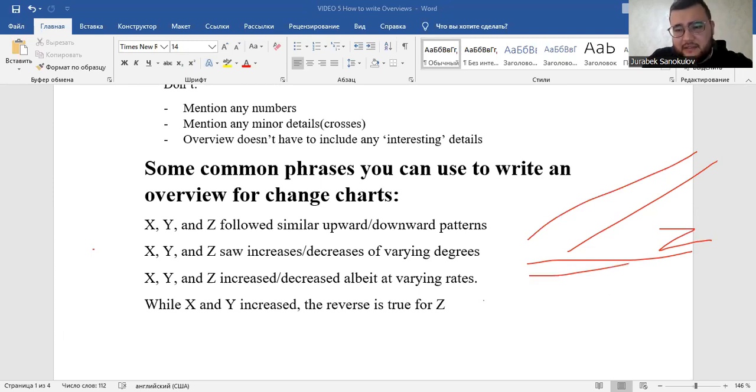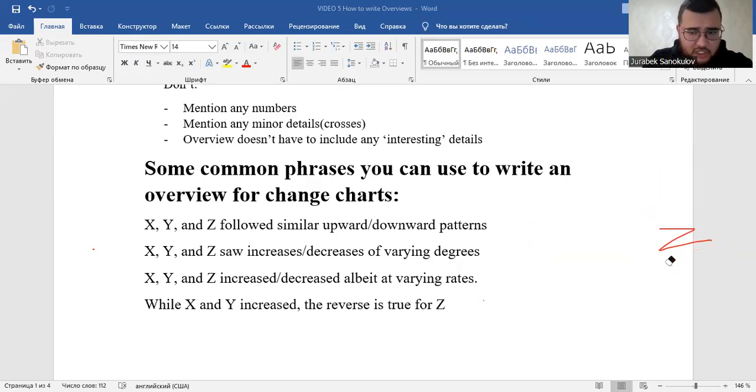If you say it decreased in your overview, you're going to get 4 or 5 for your task achievement. So that's how strict the criteria for writing is in your IELTS essay.